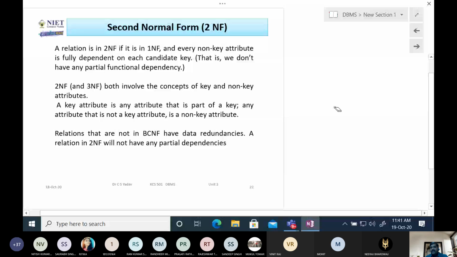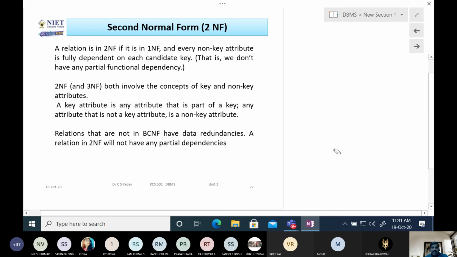Then again we decompose that relation into third normal form, and the anomalies due to transitive dependency that occur in second normal form will be removed in third normal form. And some redundancy still exists in third normal form due to dependency between two non-key attributes. Then we can remove that dependency in BCNF.